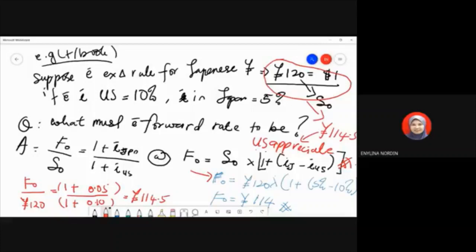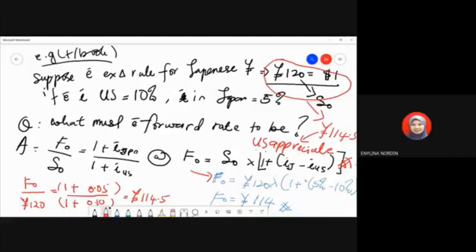That means by taking into consideration the changes in the expected interest rate in order to predict the exchange rates of the country. Okay, two countries, in other words. Okay, so that's about it for IRPT.